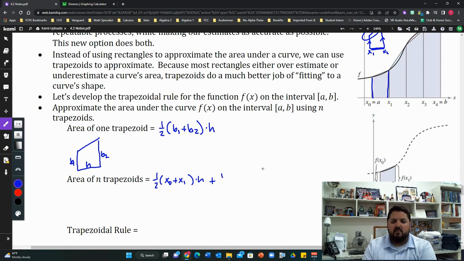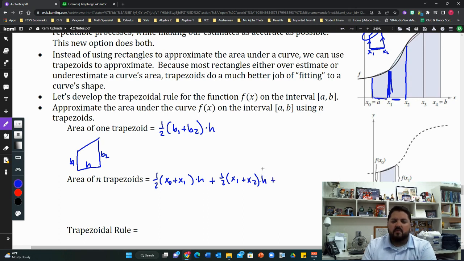Now for the second trapezoid, the first base used is x sub 1. See how this is the first for the second one, and then x sub 2 times its height. The height in this case is this x dimension.